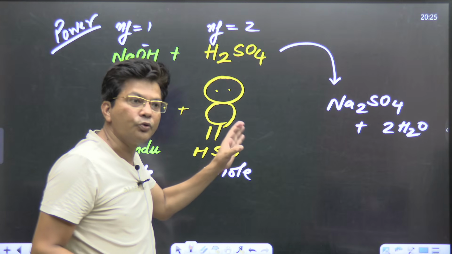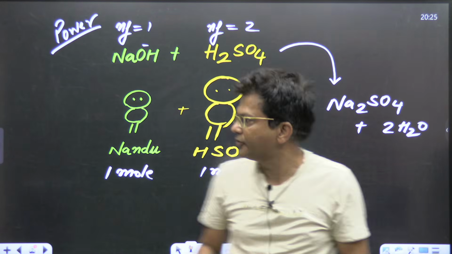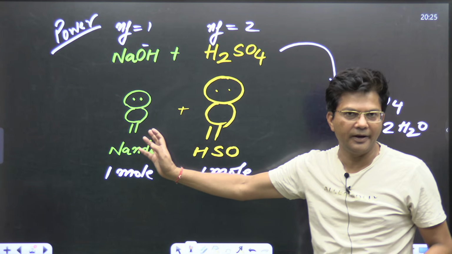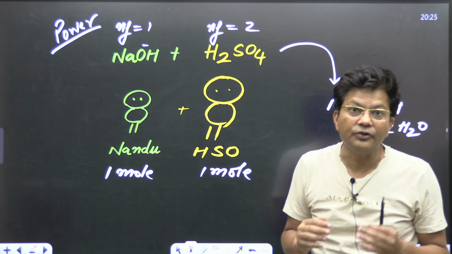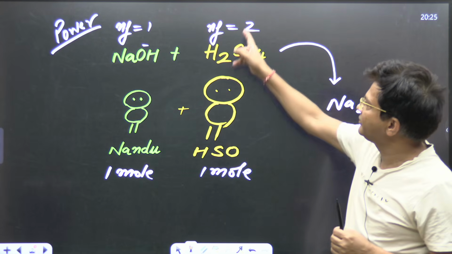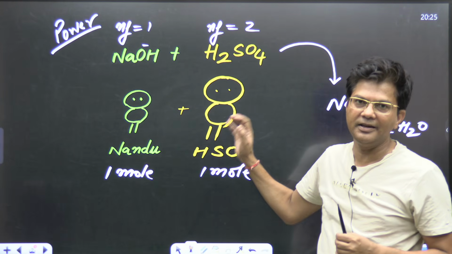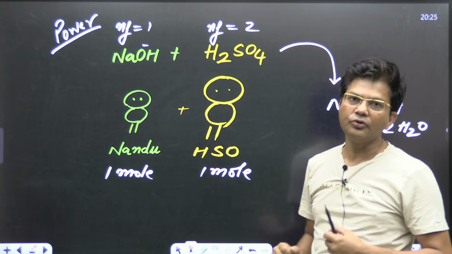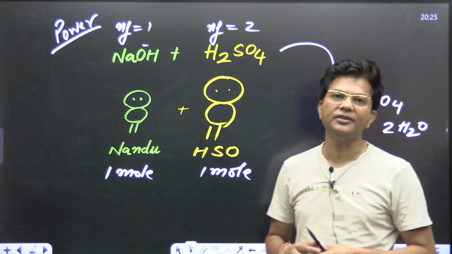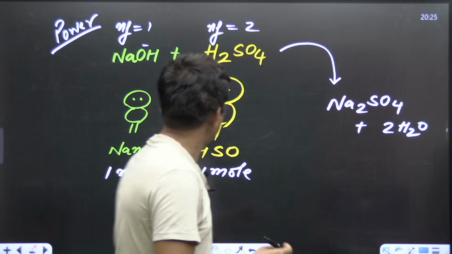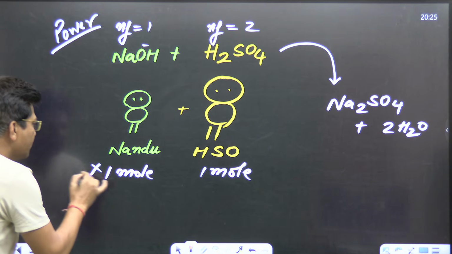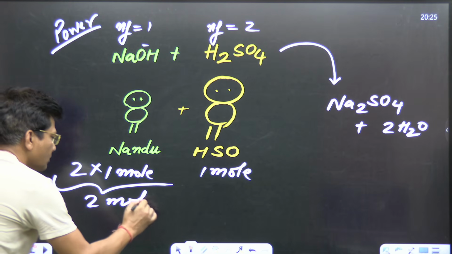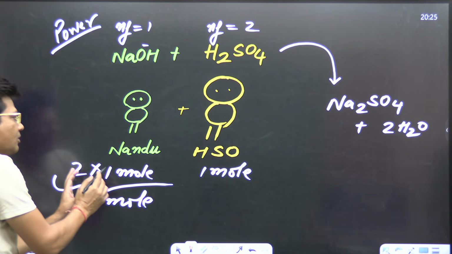Definitely he is going to win, because his 1 mole army can kill the 2 mole army. His power is double, he is heavier, more powerful. So if you really want to make this fight equal, make it 1 into 2 moles, because 1 mole will kill its 2 moles.